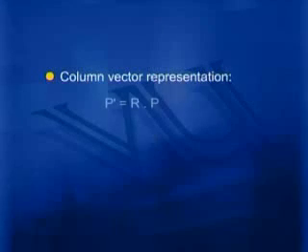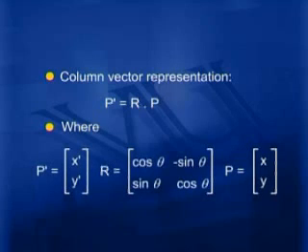So we have simplified the picture a bit, so that our rotated location after the transformation called rotation is implemented, the new position of point P, can be expressed through these two coordinates. If we want to represent this in column vector form, this would be done as P dash is equal to R dot P, where P dash would be the column vector x dash y dash, R would be cos of theta minus sin of theta, sin of theta cos of theta, and P is the original one, x y.